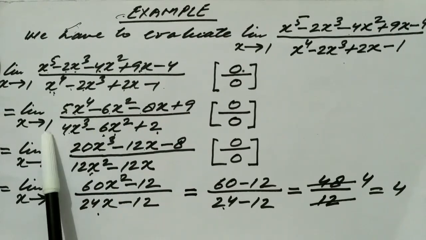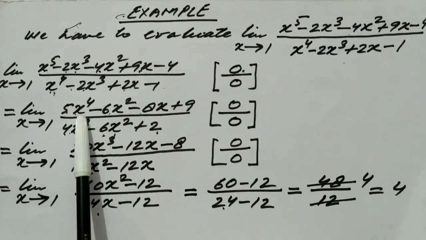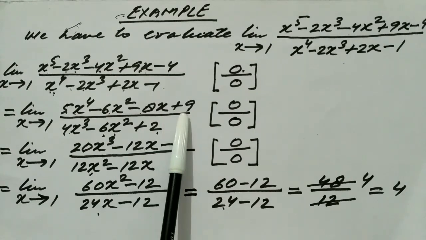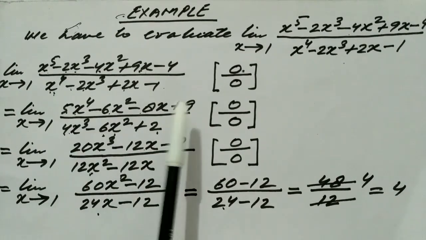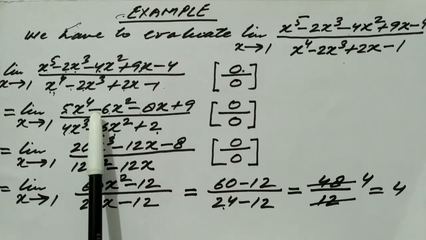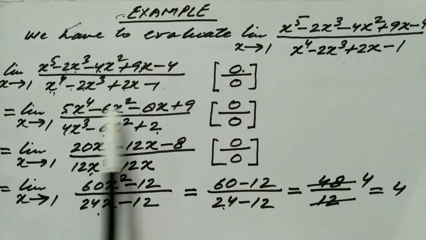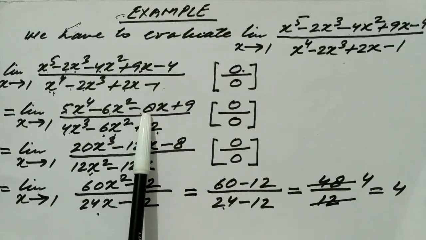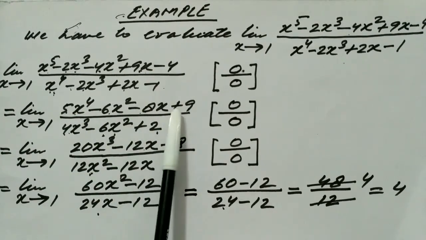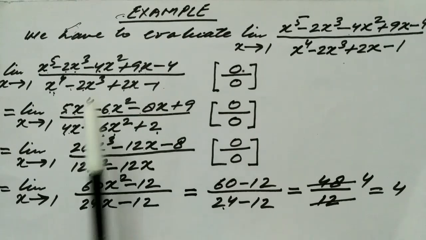Now let us check. Apply the limit x is equal to 1. We have 5 minus 6 minus 8 plus 9. So two positive numbers, that is 5 and 9, that is plus 14, and two negative numbers, minus 6 and minus 8, that is minus 14. So plus 14 minus 14 is equal to 0. So in the numerator we have 0.